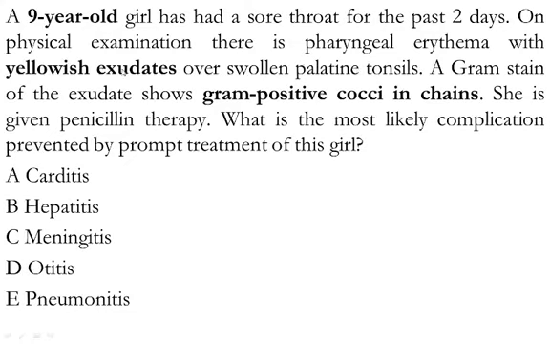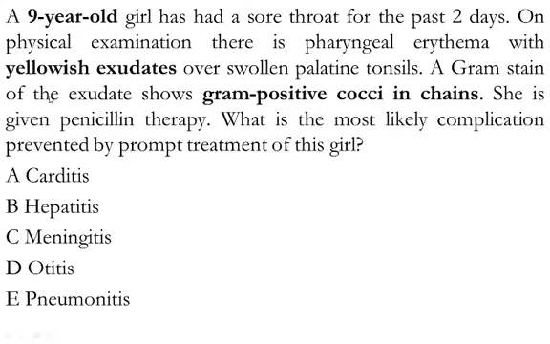Yellowish exudates. So this story is about purulent inflammation. Where? In tonsils. Tonsillitis. So that's purulent tonsillitis or purulent pharyngotonsillitis, because both are involved, pharynx and tonsils.